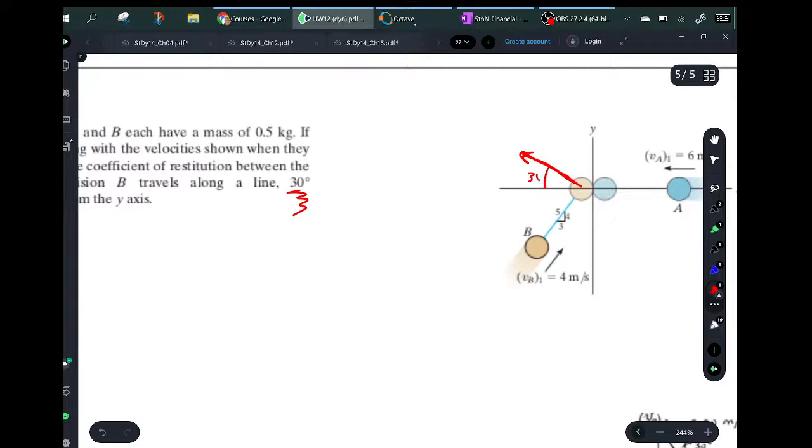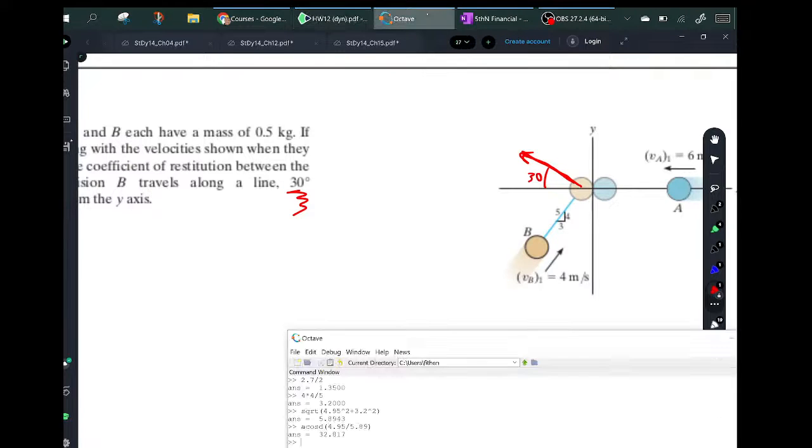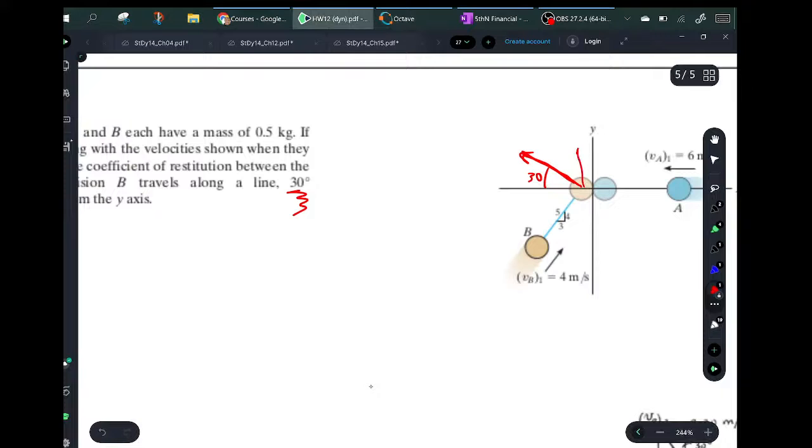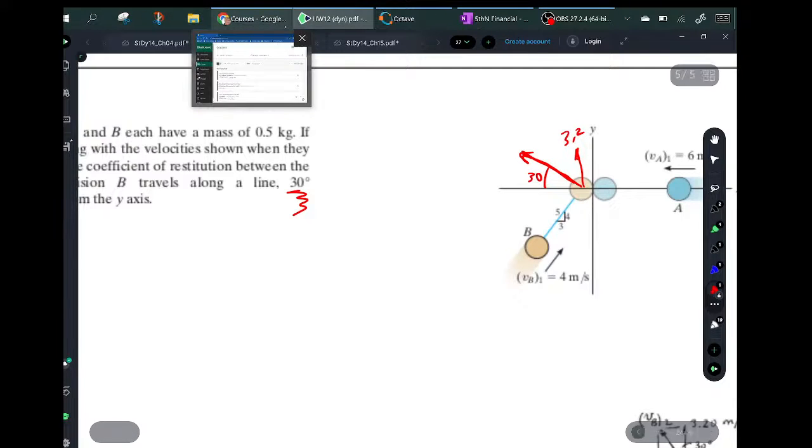After the collision, this is 30 degrees. Well, I know before impact, here, this is 3.2. That's what we figured up.